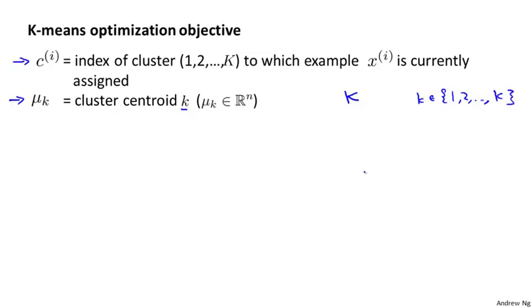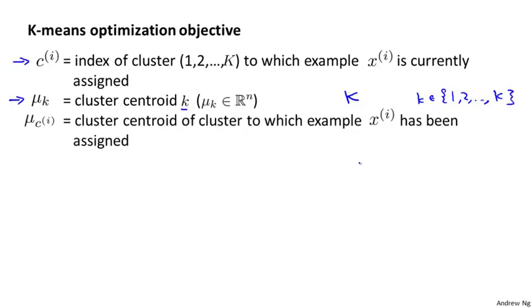Now here's one more bit of notation, which is going to use mu subscript c^i to denote the cluster centroid of the cluster to which example x^i has been assigned. To explain that notation a little bit more, let's say that x^i has been assigned to cluster number 5.